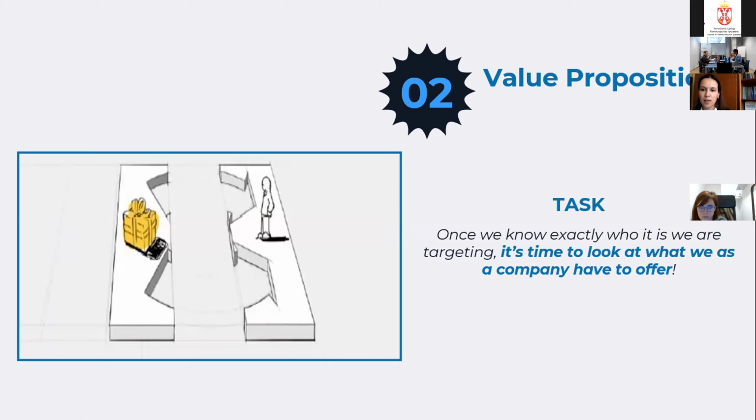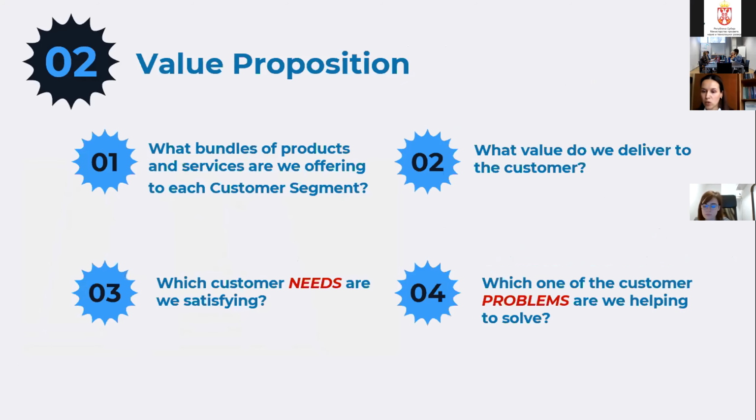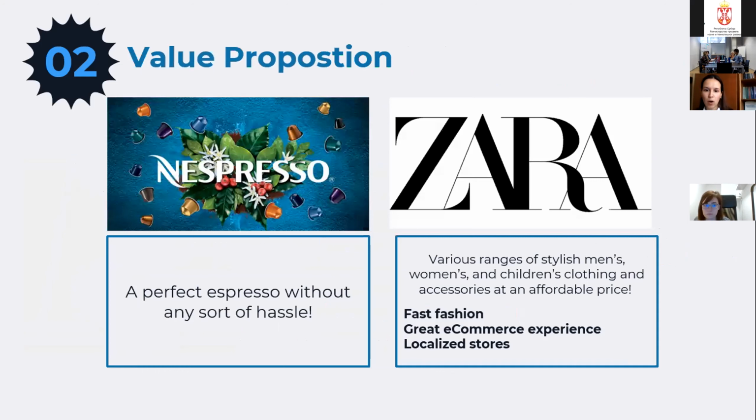And we said that the value proposition is what distinguishes the entrepreneur from competitors. Please remember that the value proposition is the bundle of benefits that the entrepreneur offers to each customer in order to satisfy their needs or to solve their problems. So let's see on the example of Nespresso and Zara how they define their value proposition.